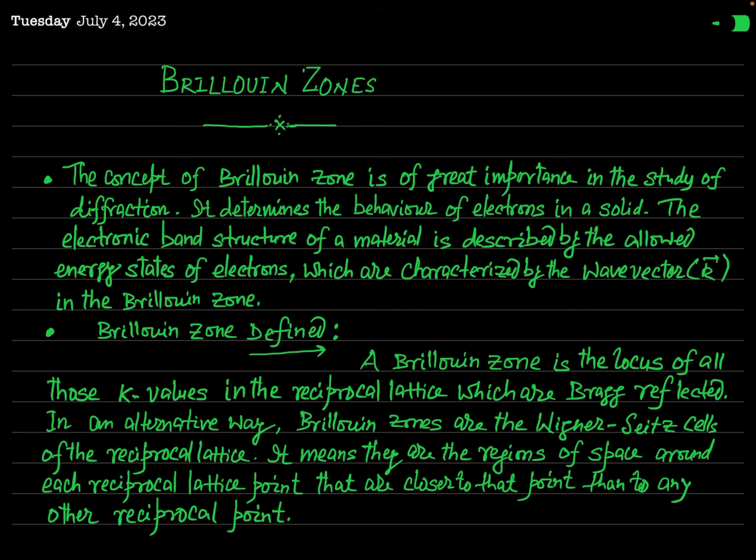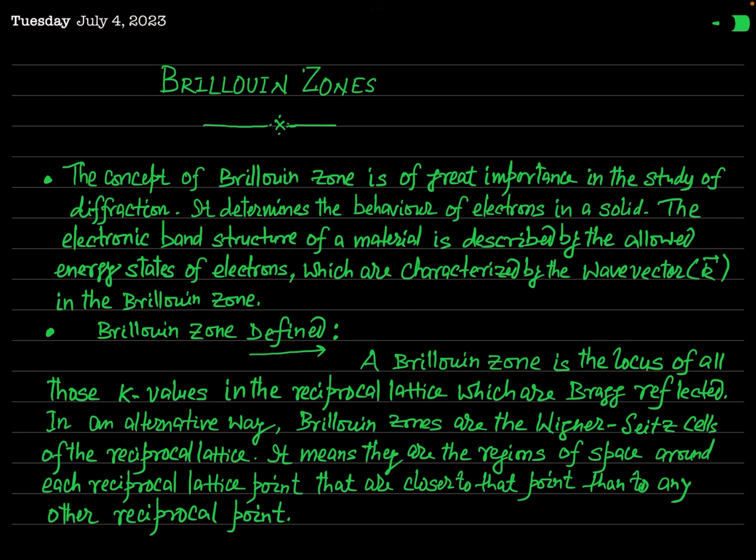Okay. So let us first of all try to know what this Brillouin zone is. While studying the direct lattice, you have definitely studied the Wigner-Seitz cell. And first of all, you should know that these Brillouin zones are simply the Wigner-Seitz cells in reciprocal lattice space.